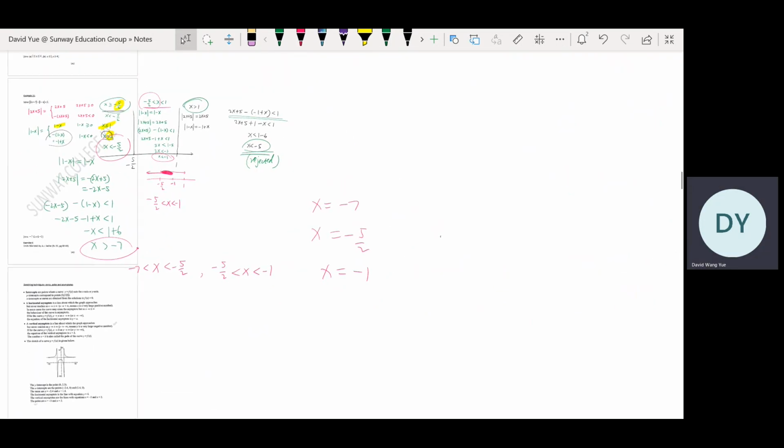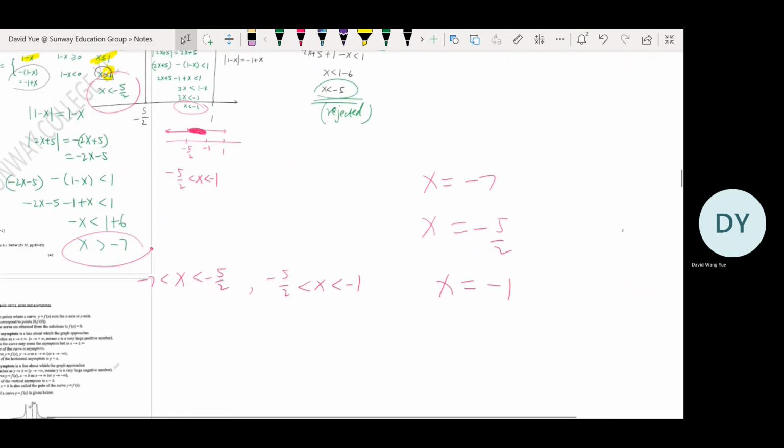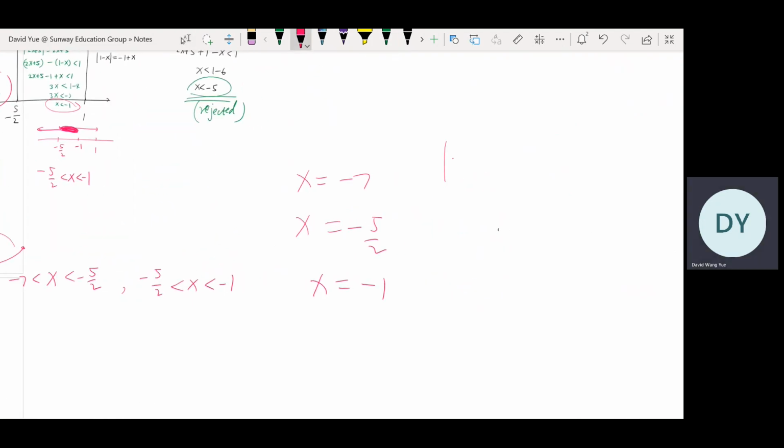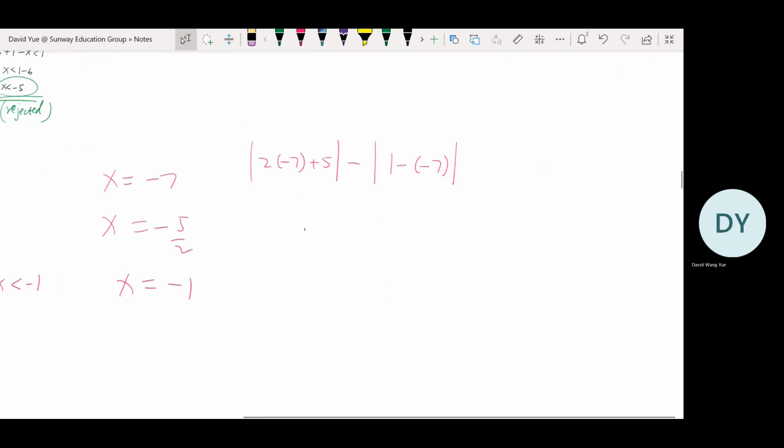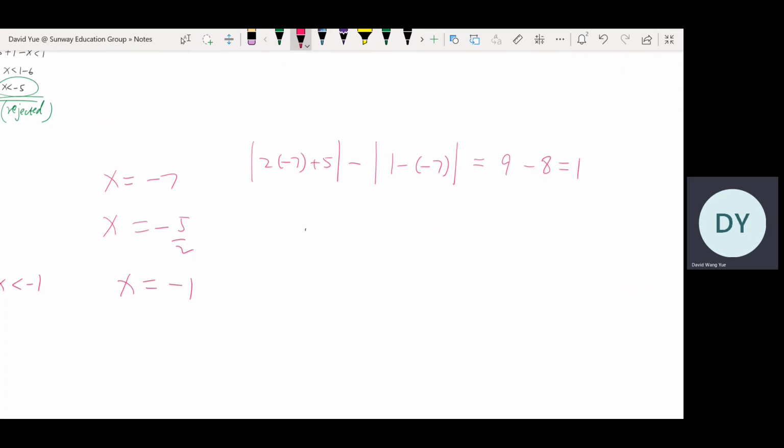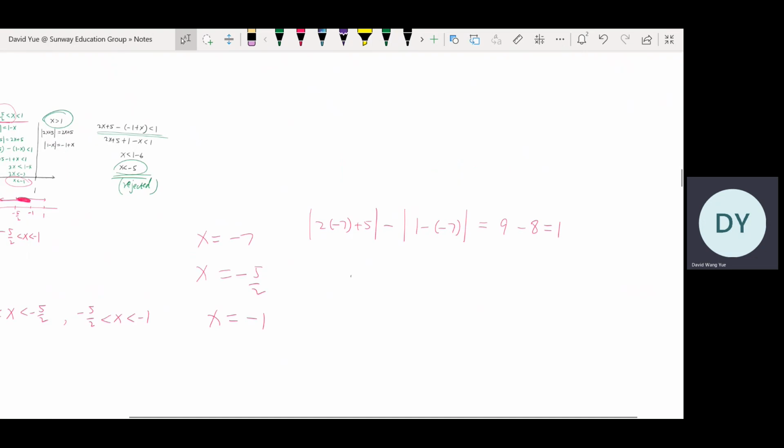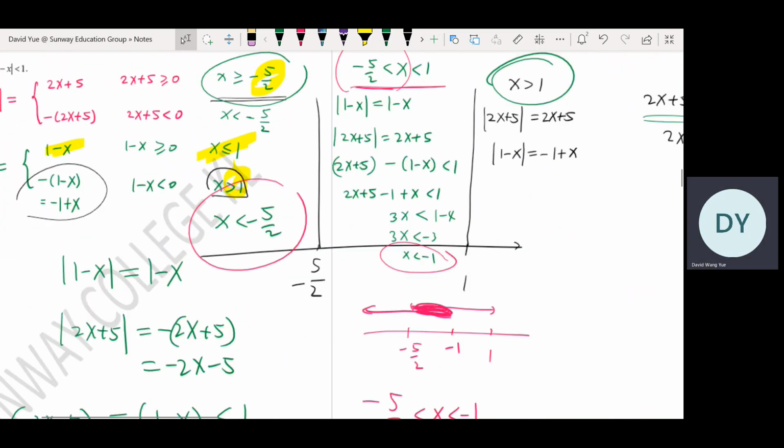Therefore, we check the value. When x equals -7, the absolute value of 2 times -7 plus 5 minus the absolute value of 1 minus -7. This is 9, because -14 plus 5 is -9, whose absolute value is 9, minus 8 equals 1. Is that less than 1? Because the inequality is less than 1, right?